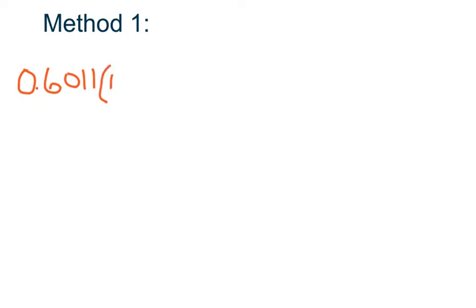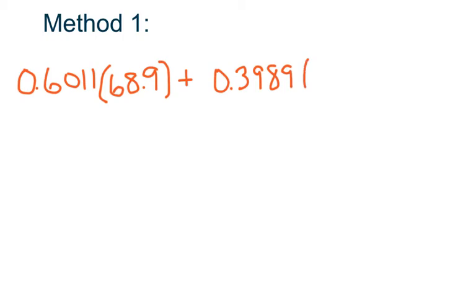You then multiply it by its molar mass, which is 68.9. Then plus the fractional abundance of isotope 2, gallium-71, which was 39.89%, so you move that over 2, so it's 0.3989, multiplied by its mass, which was 70.9.